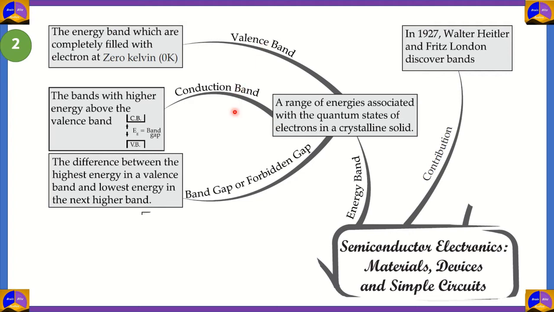Valence band and conduction band are two very different things, and sometimes they are separated by a band gap or forbidden gap. This band gap is the gap between the top of the valence band and the bottom of the conduction band. As you can see, this is the energy gap. This is the bottom of the conduction band, this is the top of the valence band, so the energy gap lies in between them.